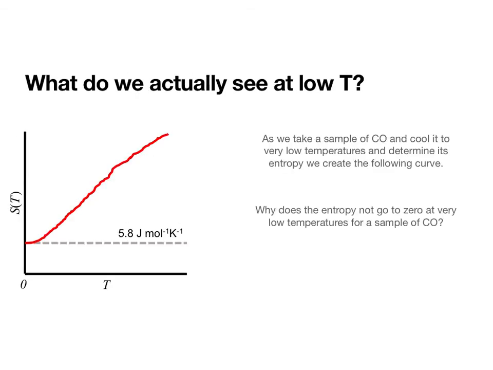Now, what do we actually see? As we take a sample of carbon monoxide and we cool it down to very low temperatures and we determine its entropy, we find that the entropy, as we drop temperature, gets low, but it does not go to zero.